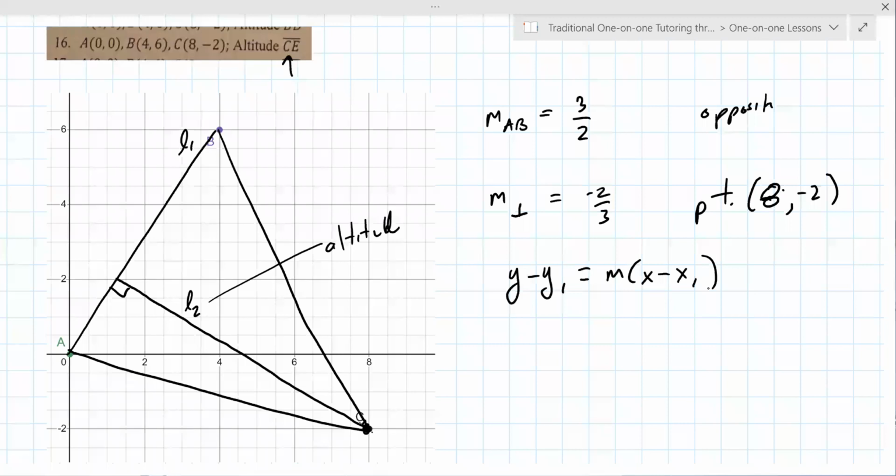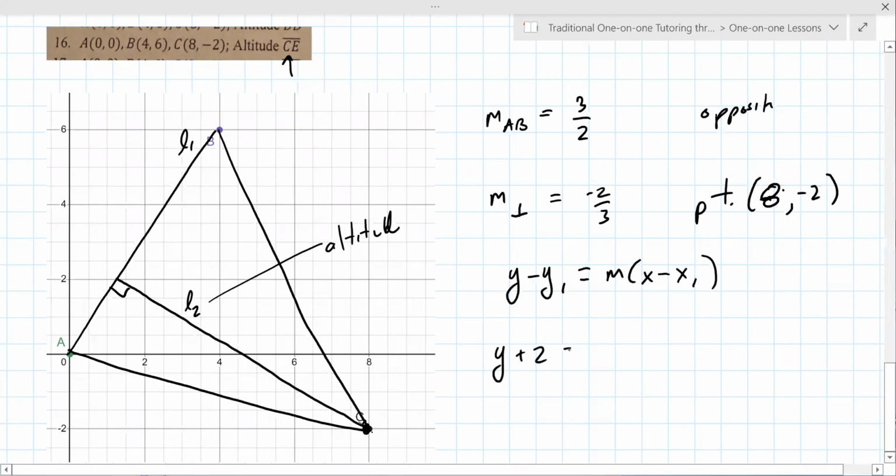Yes. Okay, I think it's y plus 2 equals negative 2 over 3 times the quantity x minus 8. Perfect, that's correct. So that's your part B.